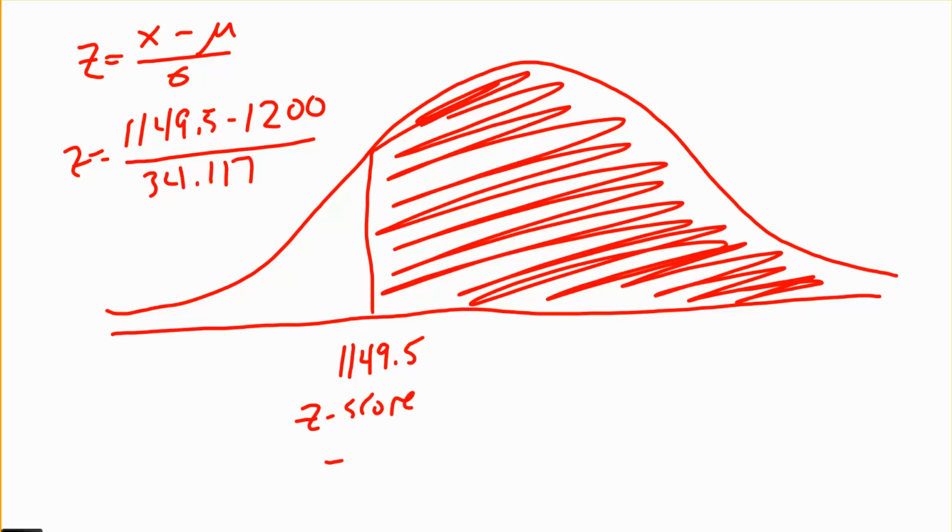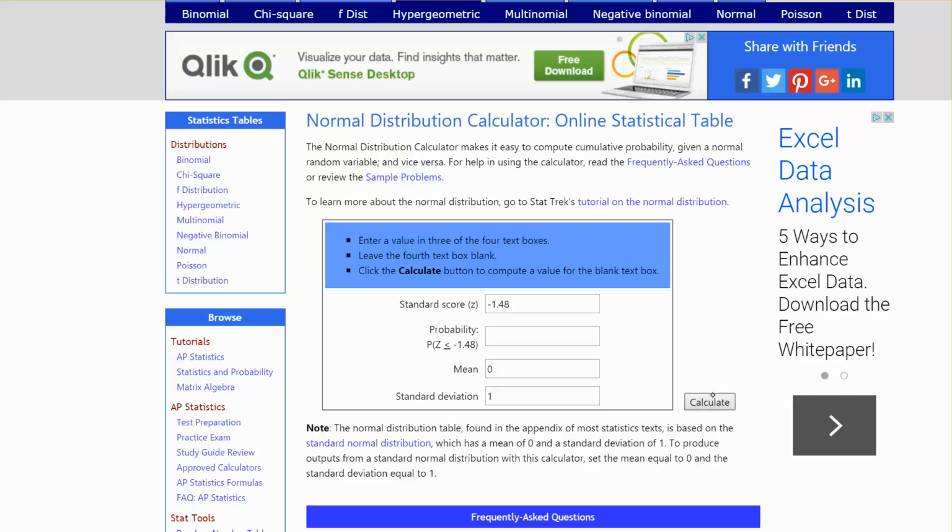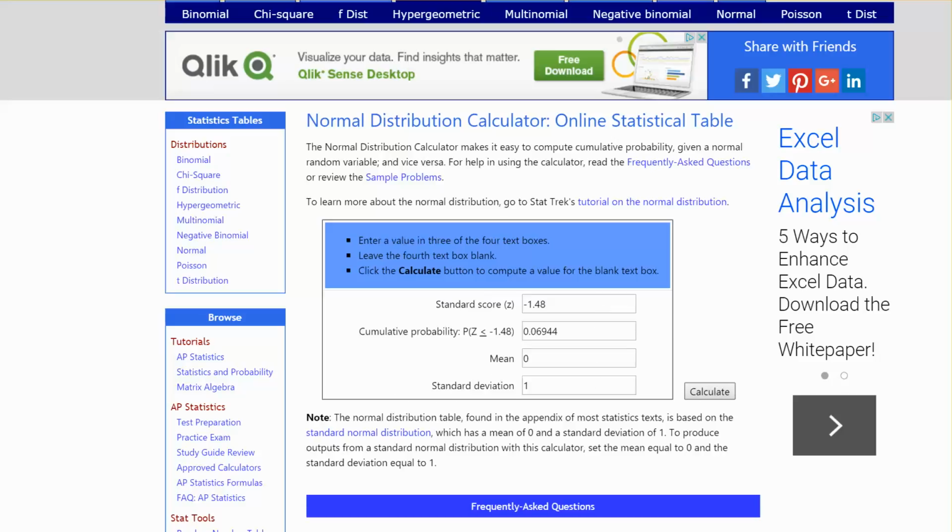If we do the calculation on this, punch this in our calculator, we get a z-score of negative 1.48. And we're looking to get the area to the right of that. So we can go to our technology and find the area left of 1149.5 and subtract it from 1. So our z-score was negative 1.48, which gives us an area left of 0.06944.